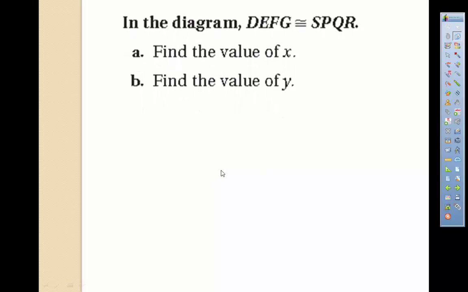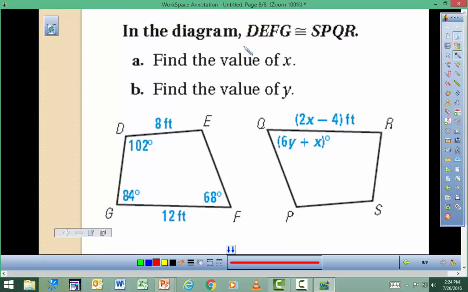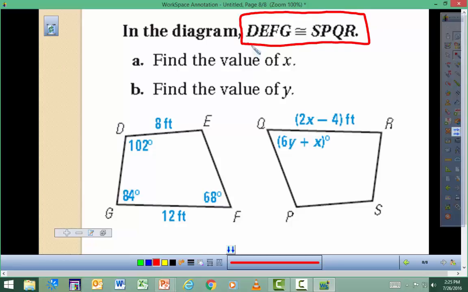Now I want to point out something very important. Anytime you write a congruent statement, you need to make sure you write it correctly. The letters need to match up. D matches up with S. Take a look here. Here's D. D matches up with S over here.